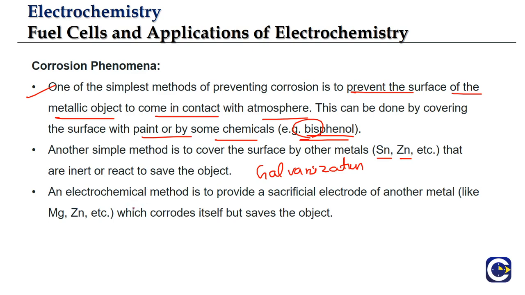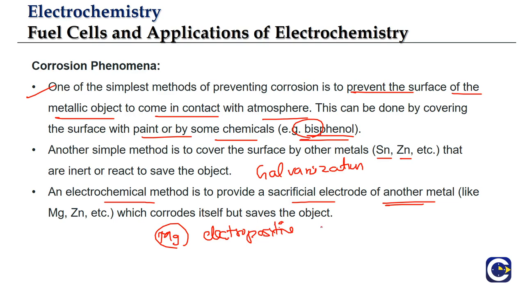And the other method is to have some sacrificial electrode of another metal, which is basically a highly reactive metal, like magnesium. Usually these are highly electropositive metals, like the alkali metals or alkaline earth metals.